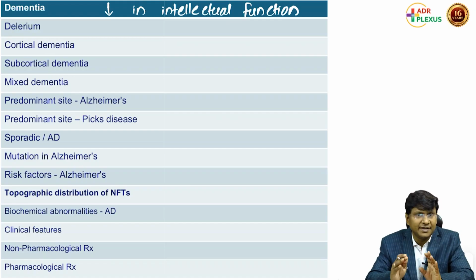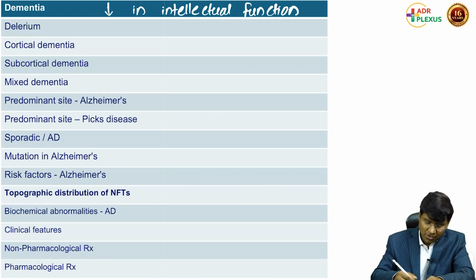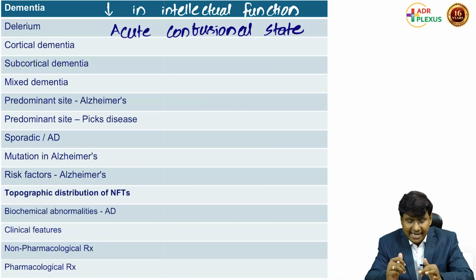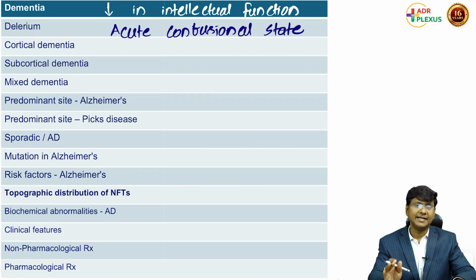And this particular dementia is distinct from delirium and psychiatric disease. What is delirium? Delirium is an acute confusional state, right? So acute confusional state. So this is what is your delirium, and this delirium occurs in response to an identifiable trigger. What will be the trigger? Either a drug or alcohol intoxication or alcohol withdrawal. That is the one which will be causing delirium.